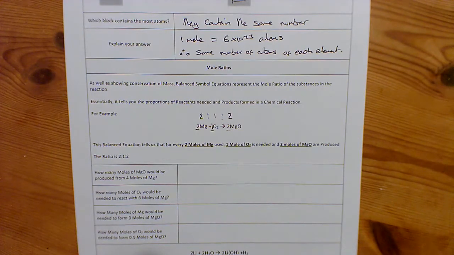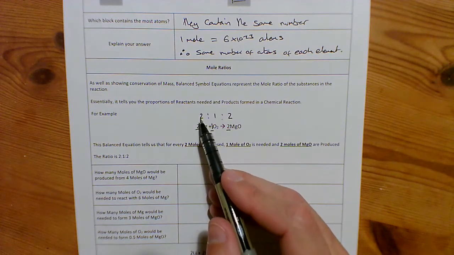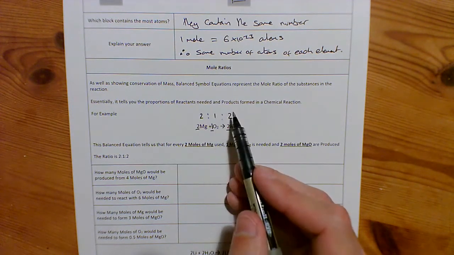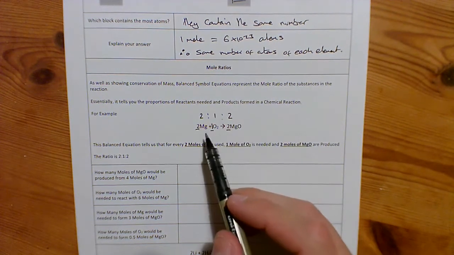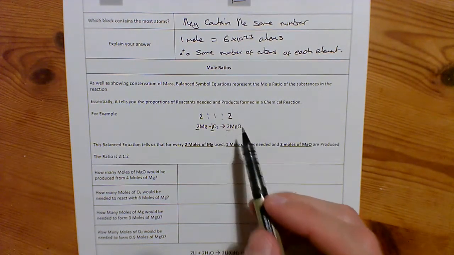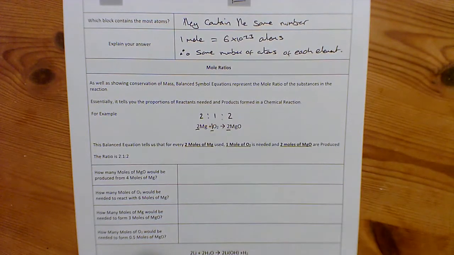So a mistake people make is they think, well, if I had 2 grams of magnesium, it would react with 1 gram of oxygen and give me 2 grams of magnesium oxide. And that's not true, because all of these atoms and all of these substances have different relative masses. So you can't use the ratio to compare mass. What you can use the ratio to compare is moles, because moles have the same value.